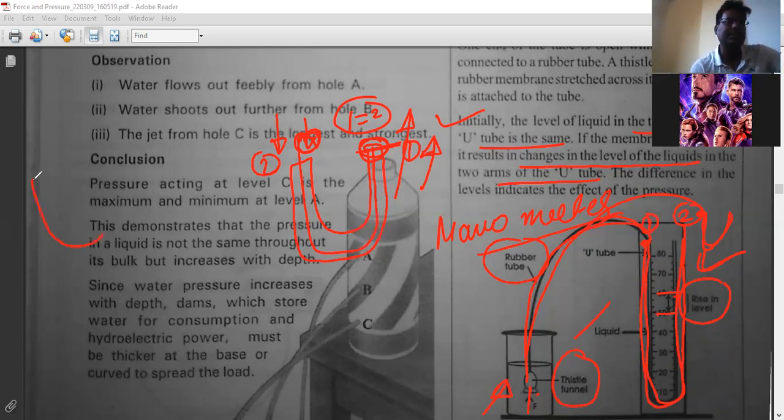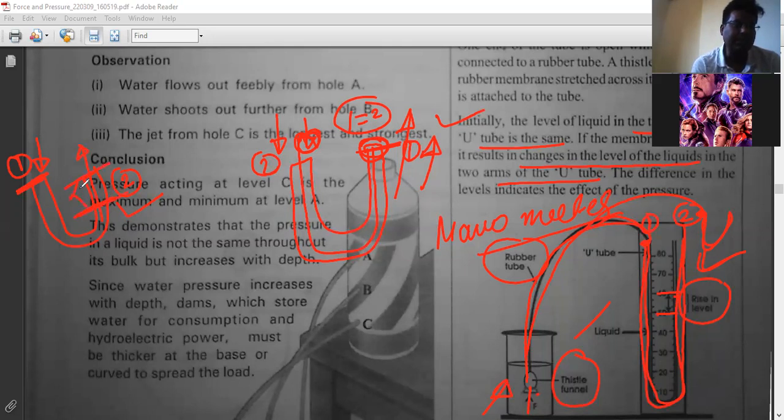Suppose initially you have filled the water up to here on this side, and on the second side you have filled the water up to this point. When we apply force here, the liquid will rise up to this point. Suppose it is coming from here to here.